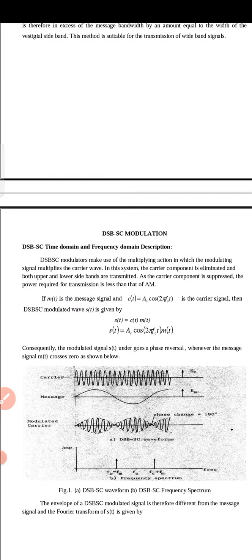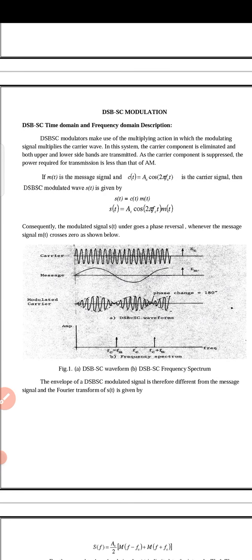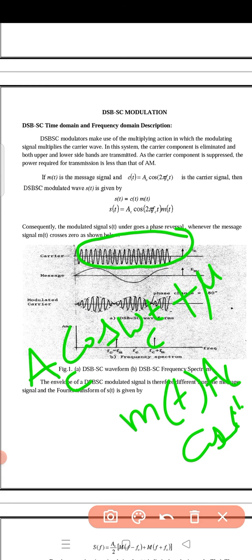Now coming to DSBSC, observe this equation. Of the two terms, the first term is completely the carrier. The other term is mu m of t into AC cos omega ct.